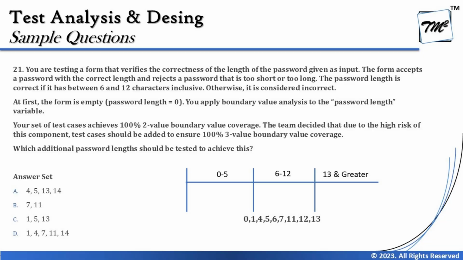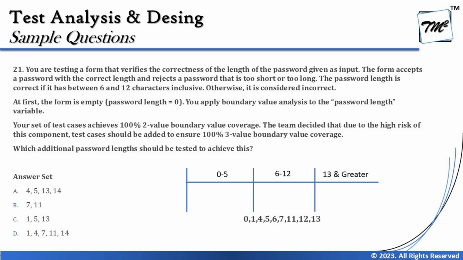Okay, and in that context, if you see the options here, which covers the remaining values. So 1, 4, 7, 11, 14. Okay, 14 is the little tricky part, as I told you, because 0, 5, 6, 12, and 13 are already covered by the 2-point analysis. So they are already included and we don't need that into our discussion, right?